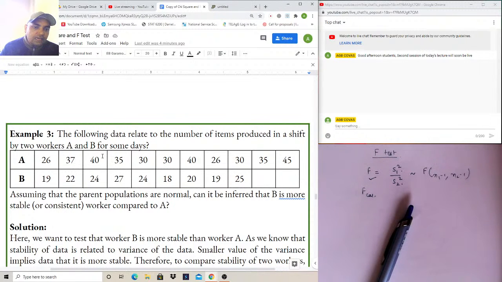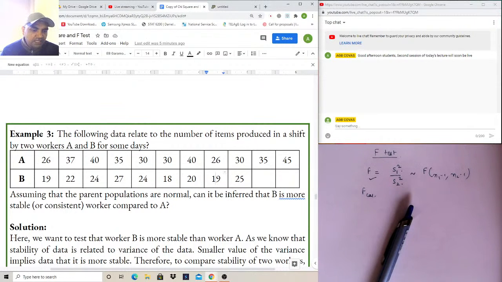Now let us do one example for this F test. The following data relates to the number of items produced in a shift by two workers, A and B, for some days. There are two workers, A and B, and they work certain shifts. The numbers of items produced are, for A, 26, whereas B has produced 19; A has 37, B has 22; A has 40, B has 24; A has 35, B has 27; then 30, 24, 30, 18, 40, 20, 26, 19, like this.